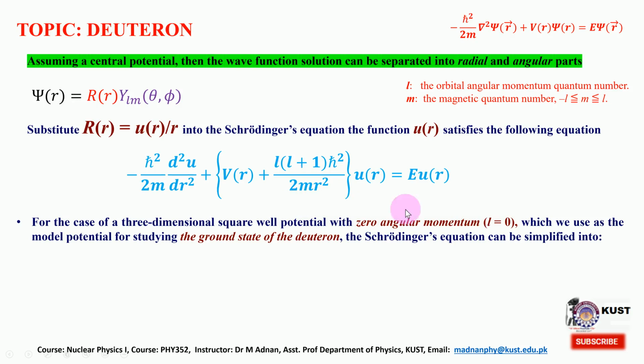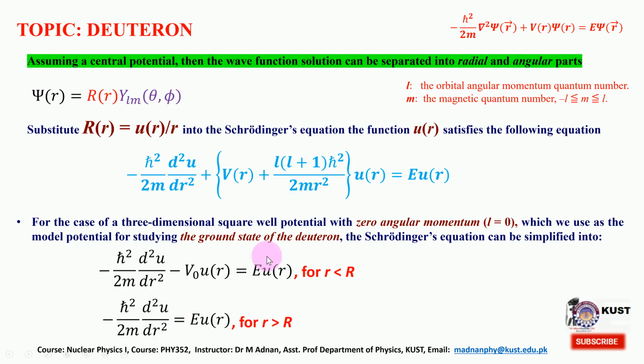So for that situation, the ground state is the lowest energy state, and that corresponds to L is equal to 0. So if we put this L is equal to 0 here, this will be the solution of the radial part only, the other part is just constant. So we make this equal to 0 by taking L is equal to 0 in this expression, which arrives because we need to transform that into this form.